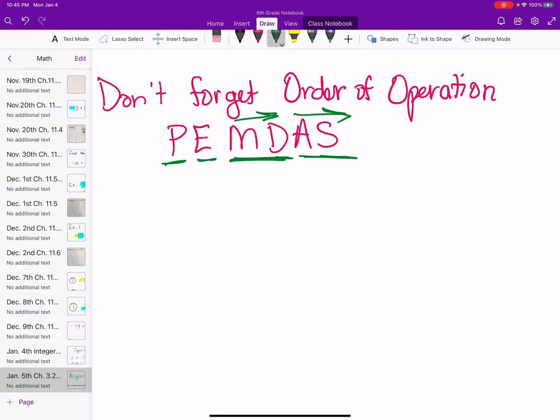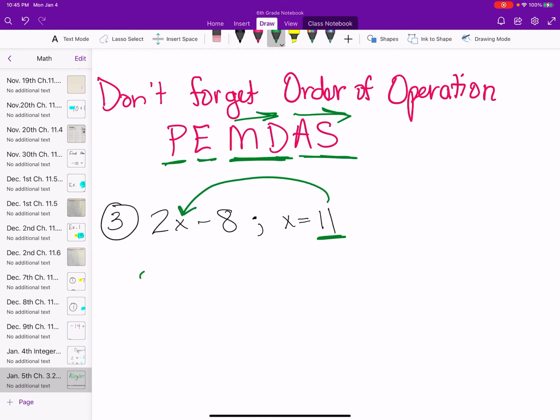Here I'm going to throw in one where you have to remember order of operations. We have 2x minus 8, where x is equal to 11. You plug in 11 for x, and now you get 2 times 11 minus 8.